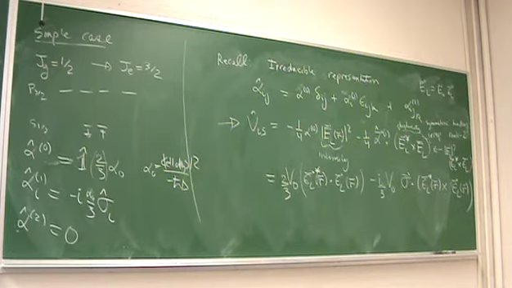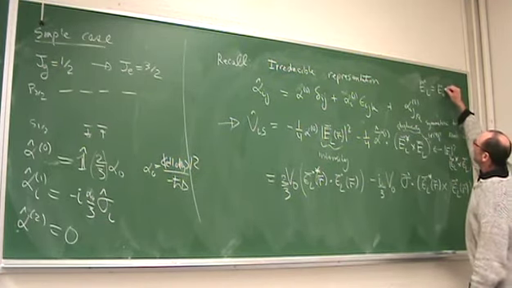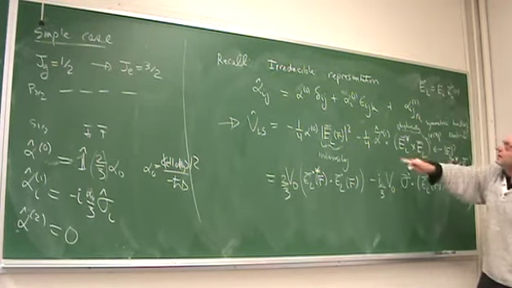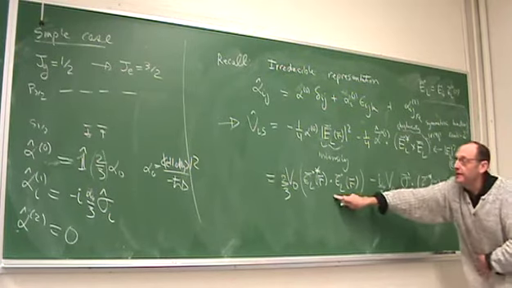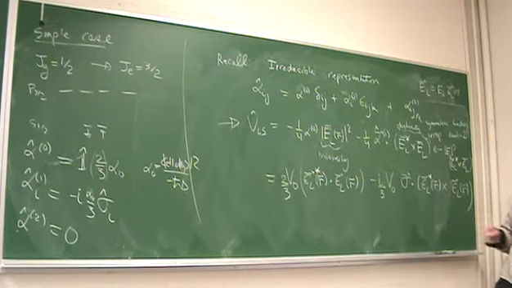So what did I do? I just plugged in this expression for the amplitude. I have a term here, the scalar term, and a term here that's the vector term.